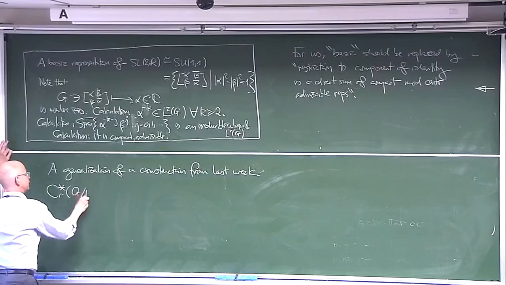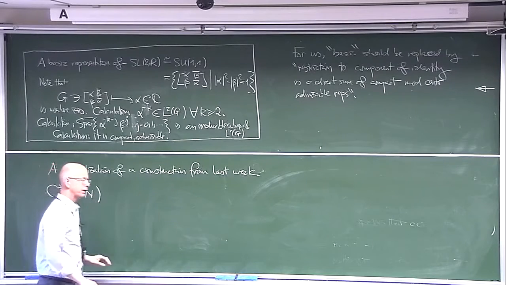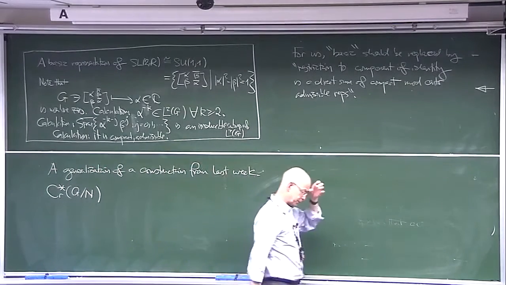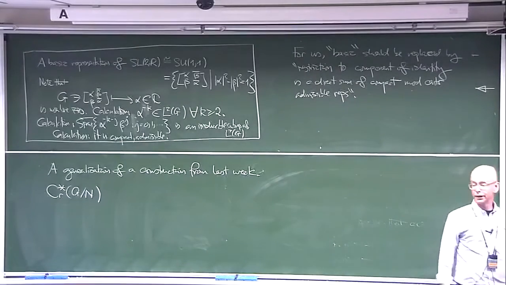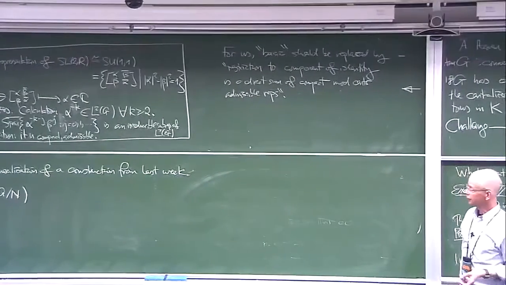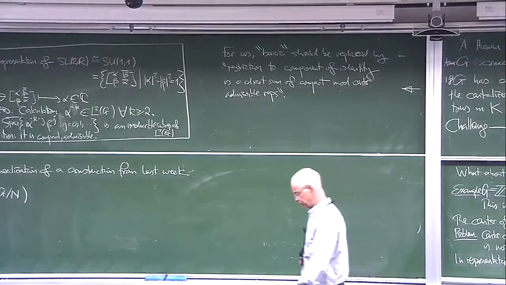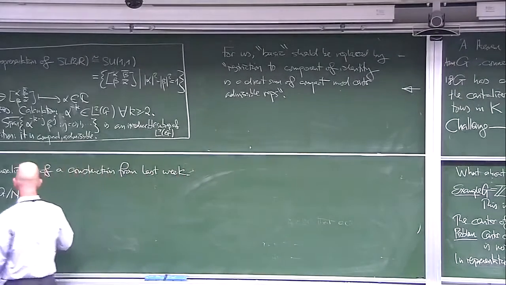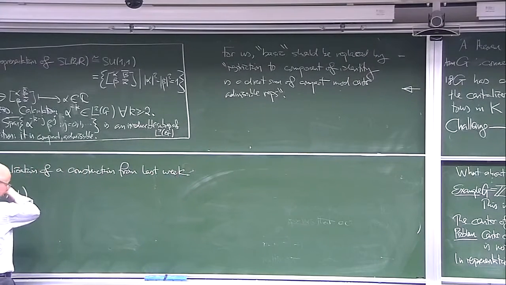So we built some object which was a Banach space, a completion of the compactly supported functions on G mod n. It was a Banach space, in fact one of these C-star modules, and we do it in the following way.